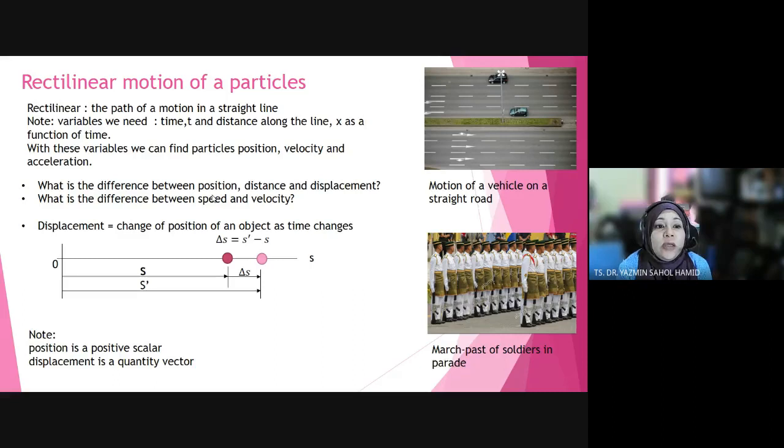Okay, so the variables that we need when we want to solve a particle that is moving in a straight line, we need the time and the distance along the line, and the distance along the line can be x as a function of time. With those variables, in the end, you can find the position, the velocity, and acceleration. So again, for this dynamics course, if you go through the whole topic, you will notice that the question is the same.